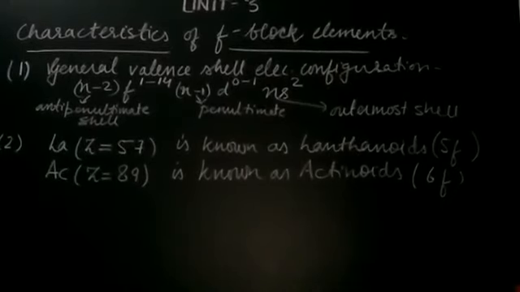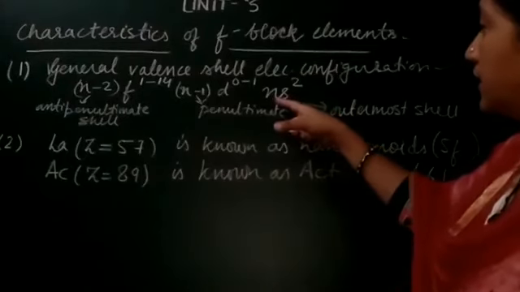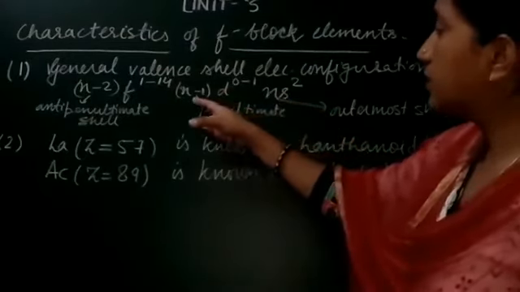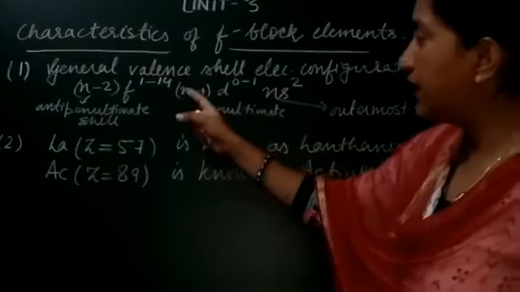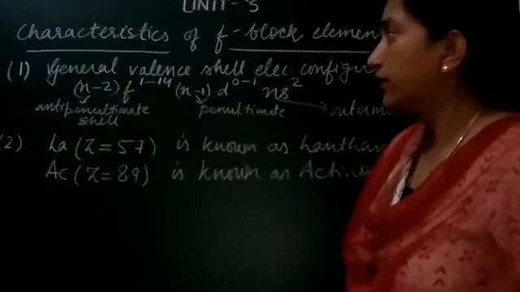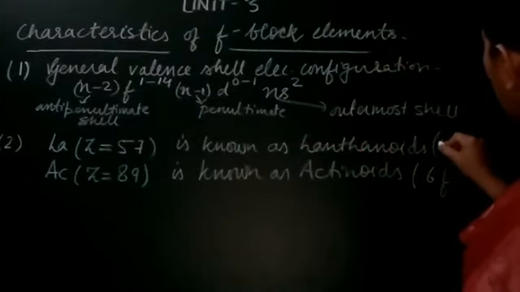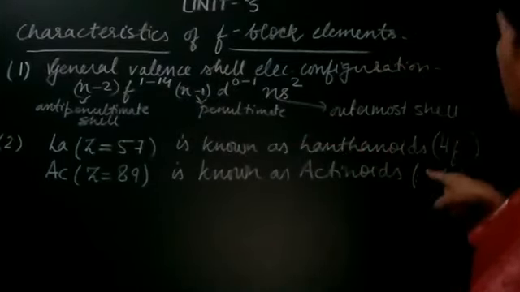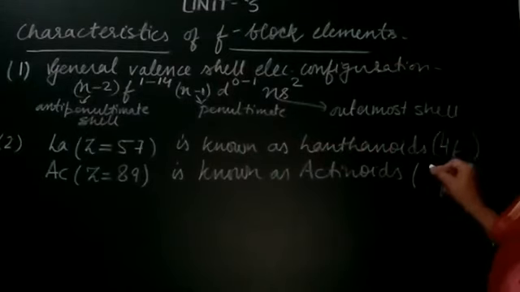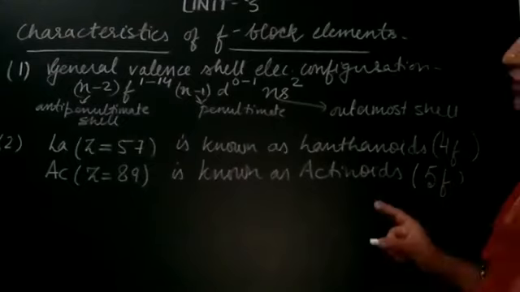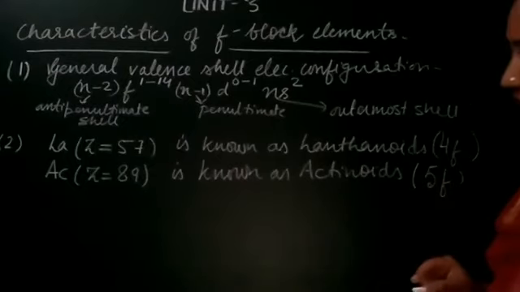Just as I said, if this is the 6s, then this is going to be 5d, and this will be the 4f. So, a correction here: in the lanthanoids we have gradual filling of the 4f subshell, and in case of the actinoids, we have gradual filling of the 5f subshell.